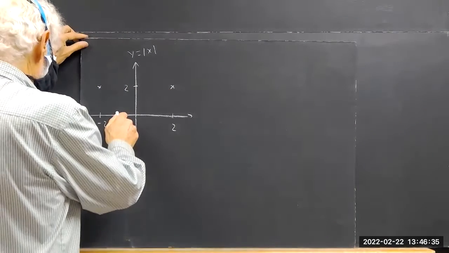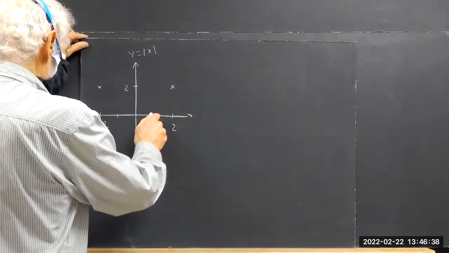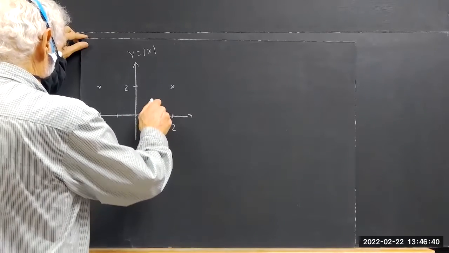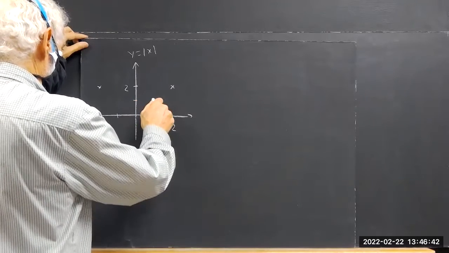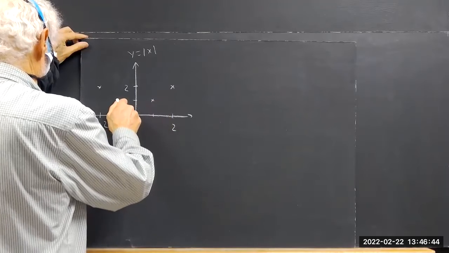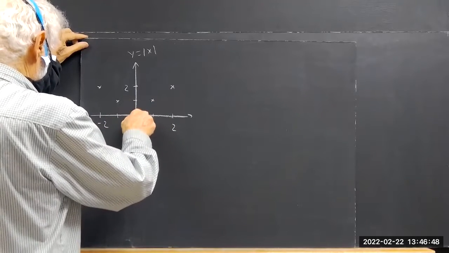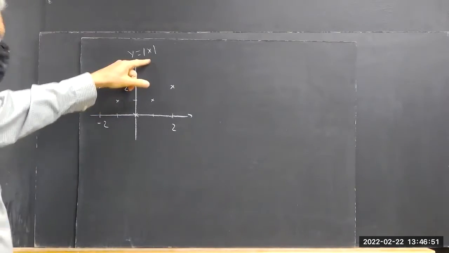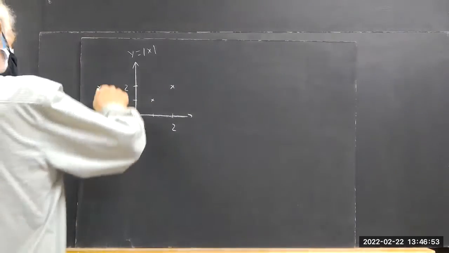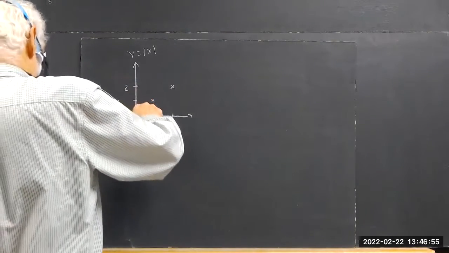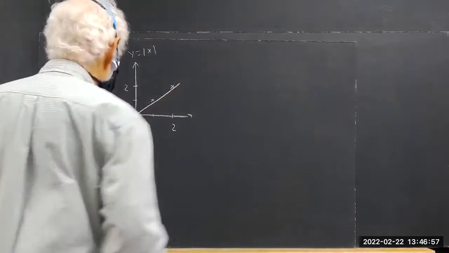If x is 1 or negative 1, the absolute value is 1. So here's 1, here's 1, and here's 1. And if x is 0, the absolute value is 0. So you get this graph that you saw early in the semester.